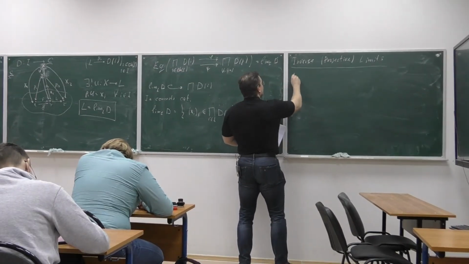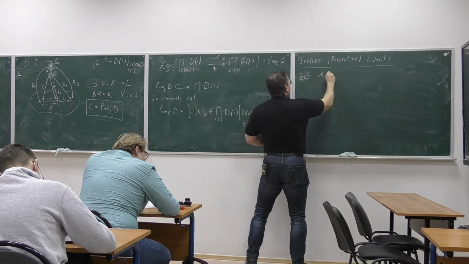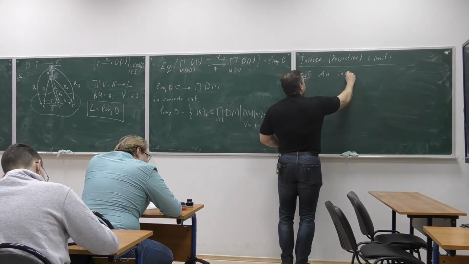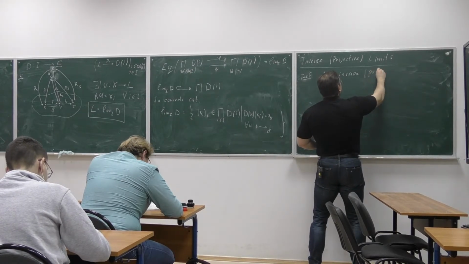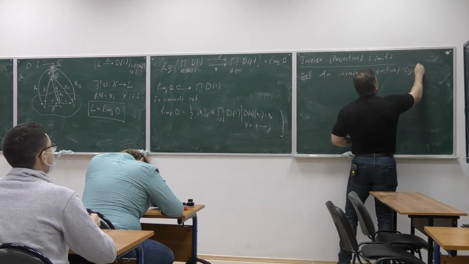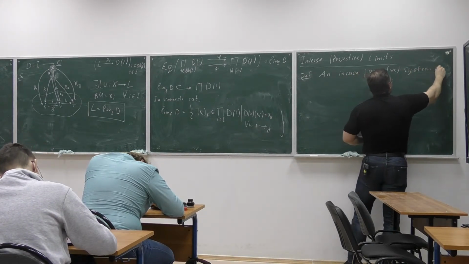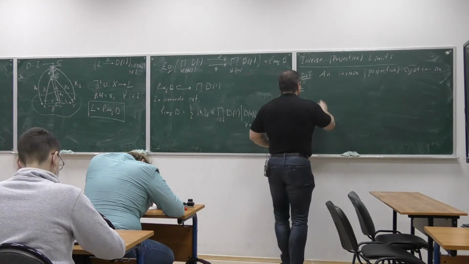Let's say this is a definition. An inverse or projective system in some category C is the following thing.